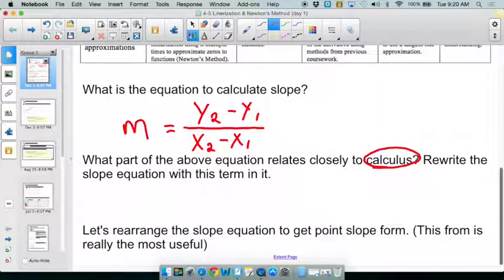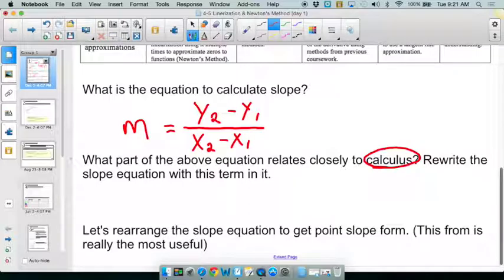Which one has ties to calculus? Slope. Because we know in calculus, how do you calculate slope? How do you calculate the slope of the tangent line? We have to find what? The derivative, exactly. Okay, it was kind of a stretch.